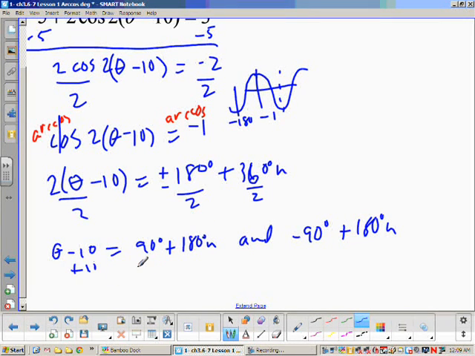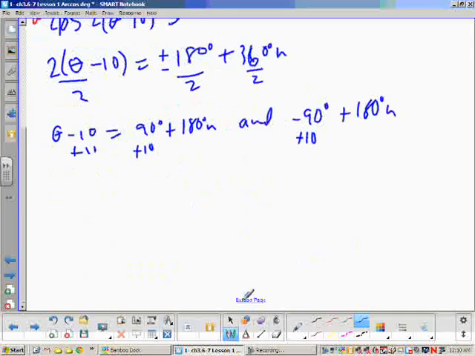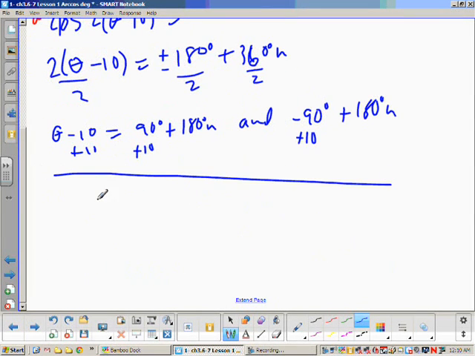Adding 10 gives us theta equals 100 plus 180n, and theta equals negative 80 plus 180n.